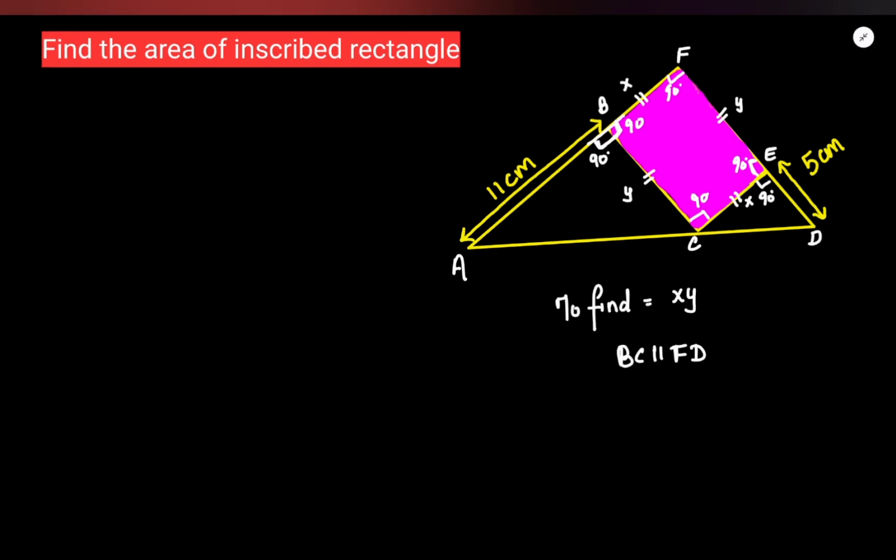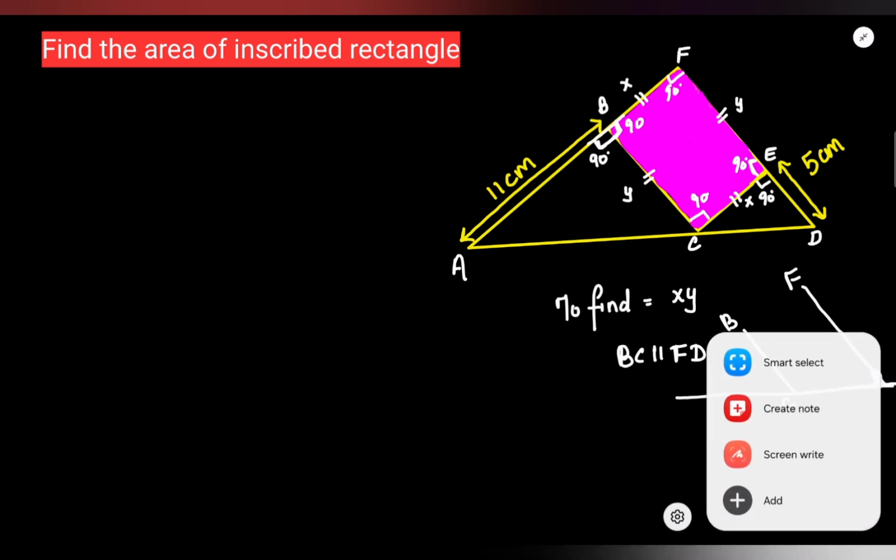So you see that these two lines are parallel. Here we have DF, it is parallel to BC. This is C, this is B, and this line is a transversal. This is D here. This is a transversal.